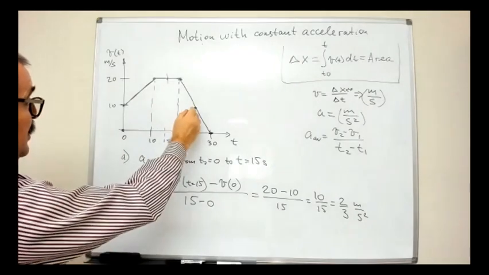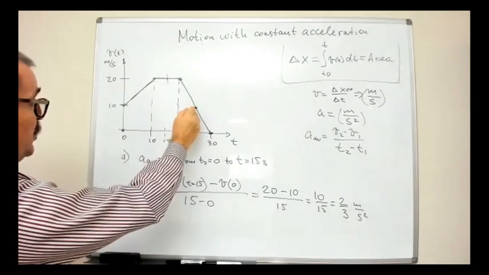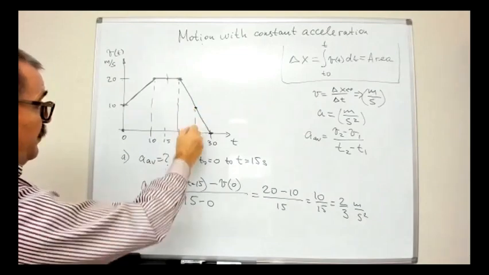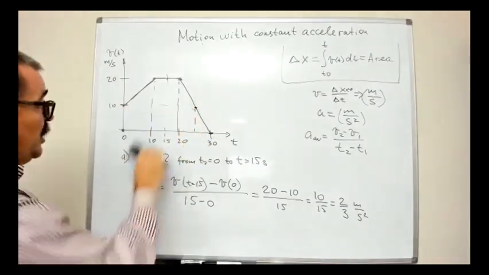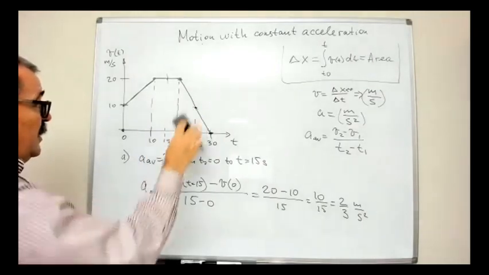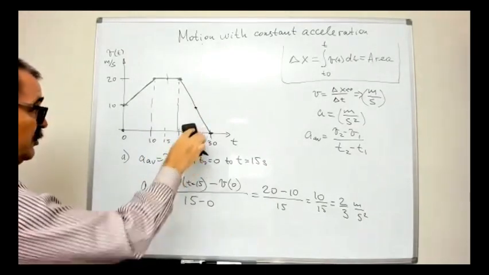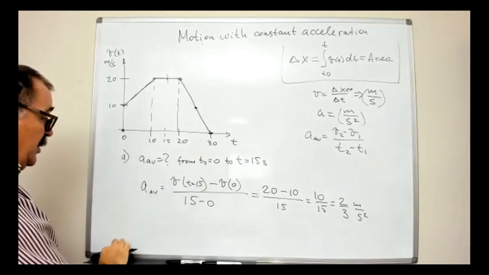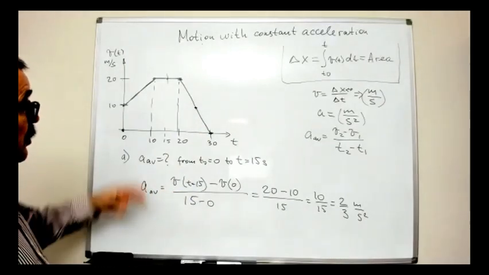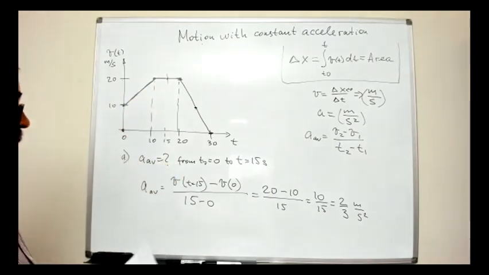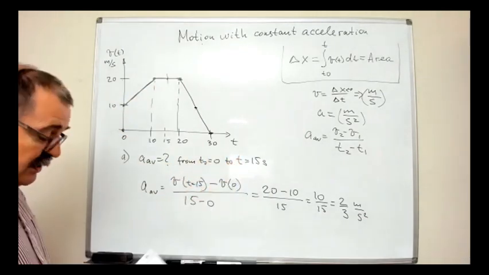Because that v2 corresponding to this point, 25, is going to be 10. So what I'm trying to say is that depending on time t, the average acceleration will be different. So we found it for this particular case for the time interval between 0 and 15 seconds.